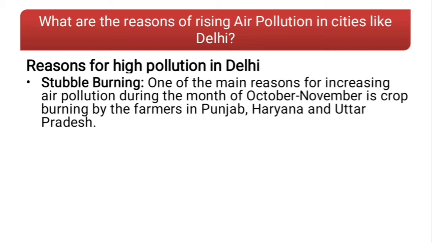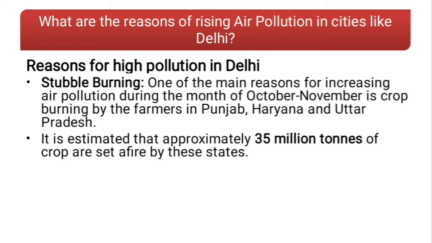Though Delhi doesn't have any agricultural fields, the neighboring states, Punjab, Haryana, and Uttar Pradesh, have it. And because of this stubble burning in the months of October and November, like now the November month is going on, you will find that the AQI of Delhi is high. Okay, so this is also one of the major reasons.